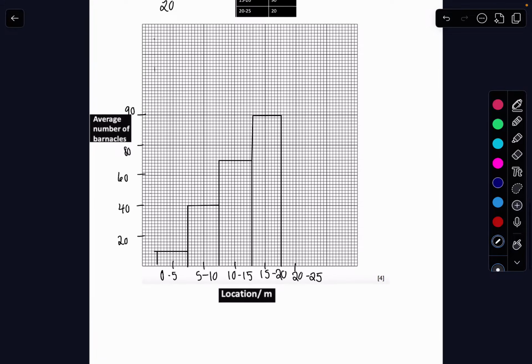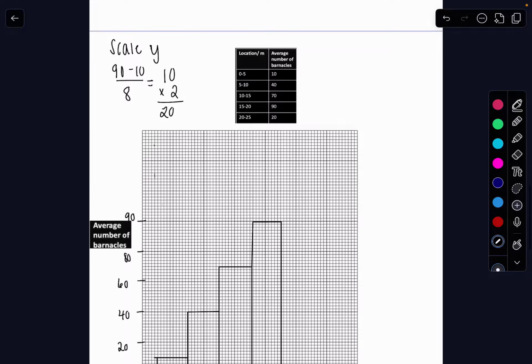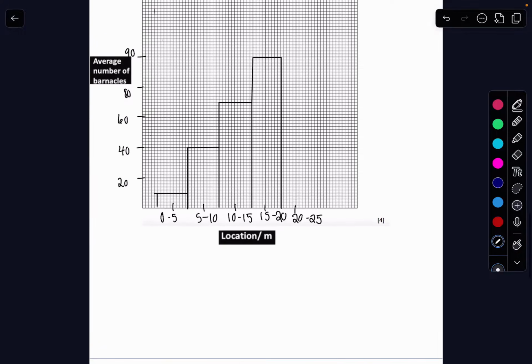And last but not least, we are going to do 20 to 25. And that bar will go all the way up to 20. And there's your histogram. So here we have 10, 40, 70, 90, and 20.